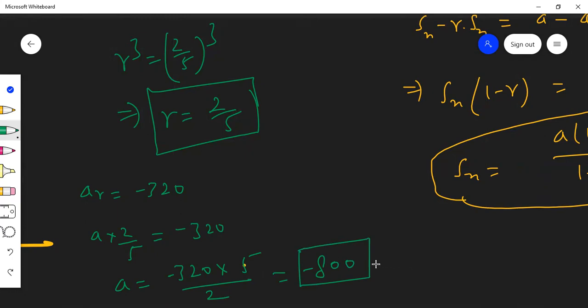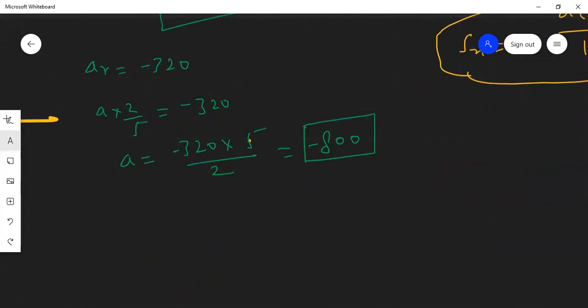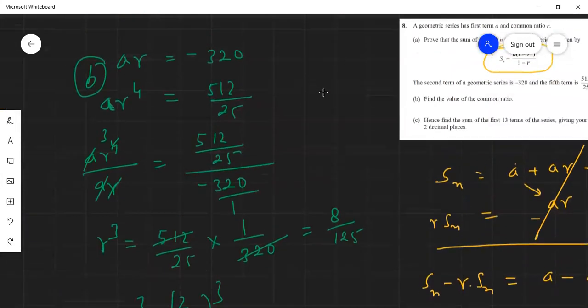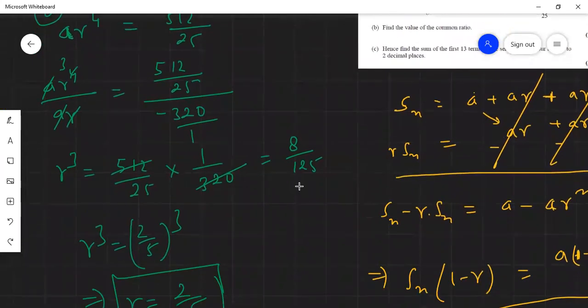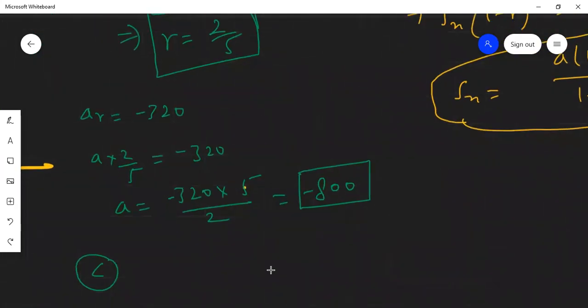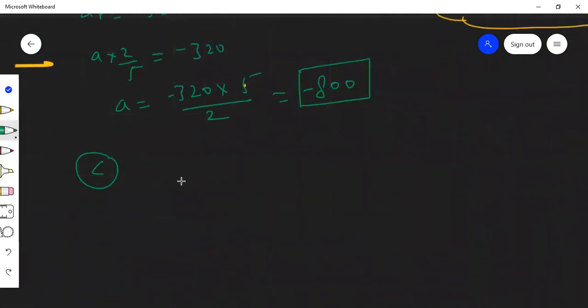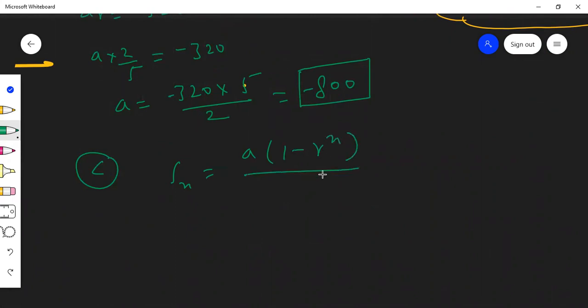Now, a is minus 800 and r is 2 by 5, and we are asked the C part now: the sum of 13 terms. So S13 you have to find. You have the formula Sn is equal to a(1 - r^n) divided by (1 - r). You can put minus 800.